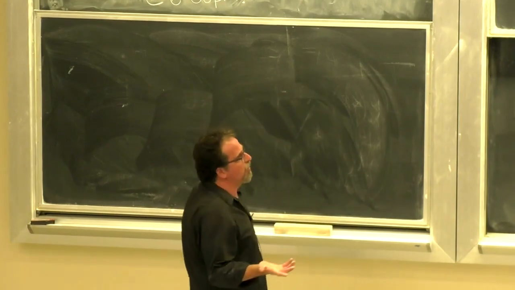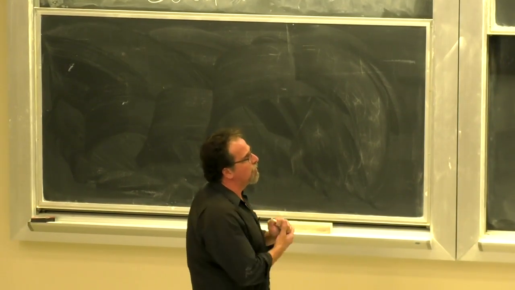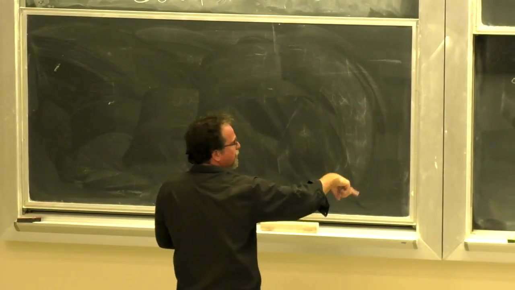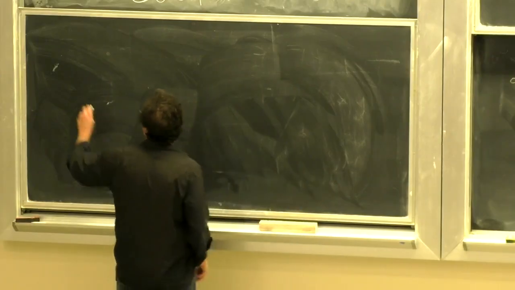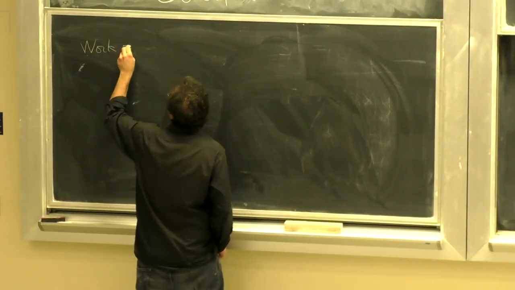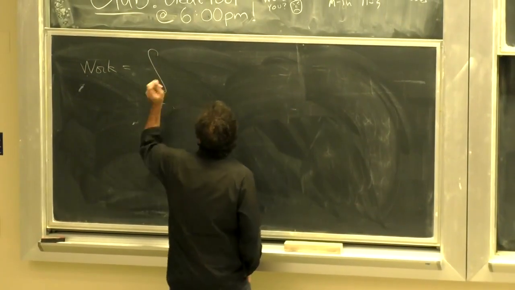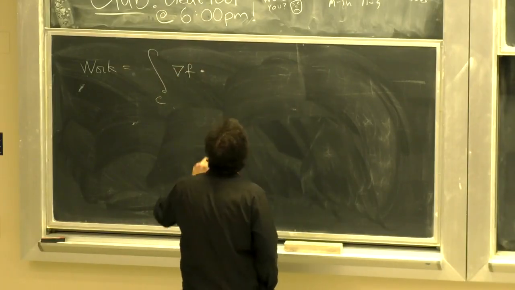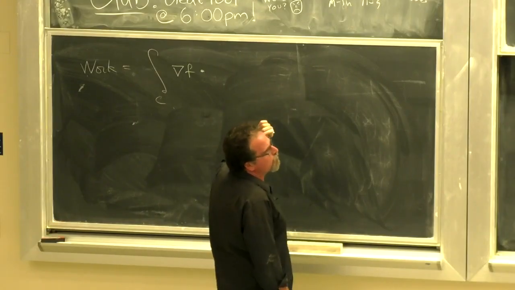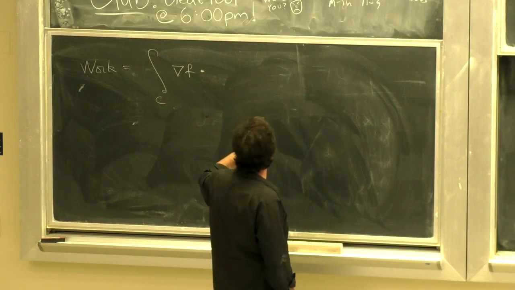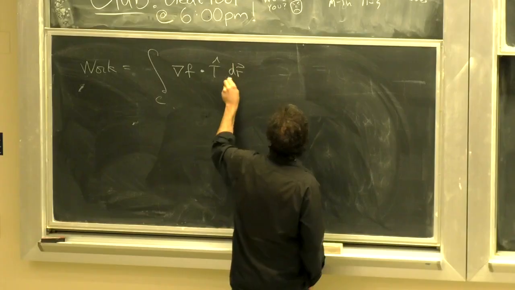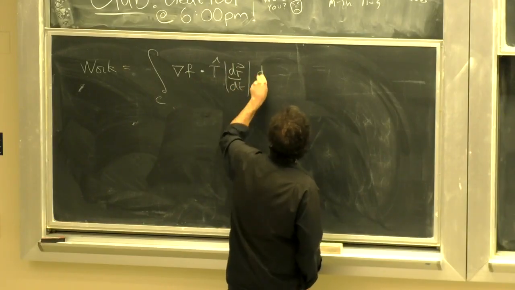So who cares, right? So what? What do we get here? Well, I'm going to plug this into the definition of the work here. So the work is equal to the integral along the curve of the gradient of little f dot, let me write it in terms of dr/dt, times the tangent vector times the magnitude of dr/dt times dt.